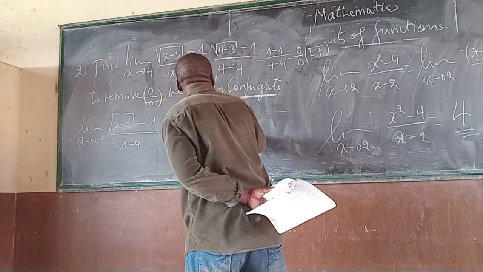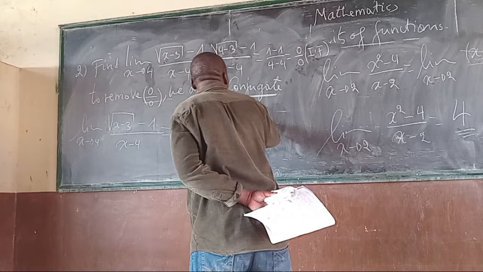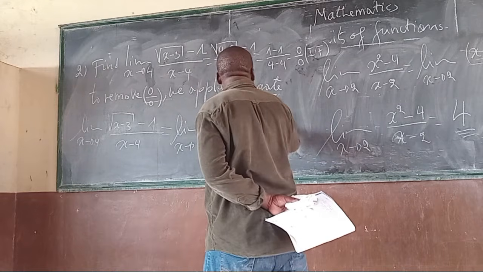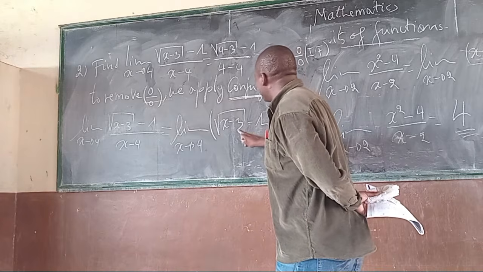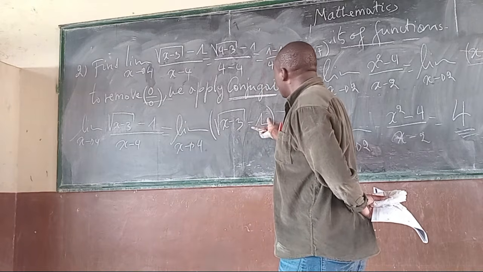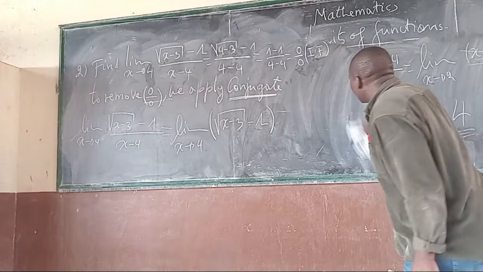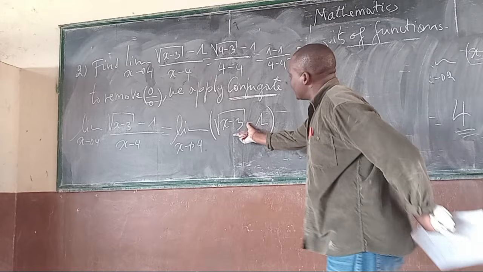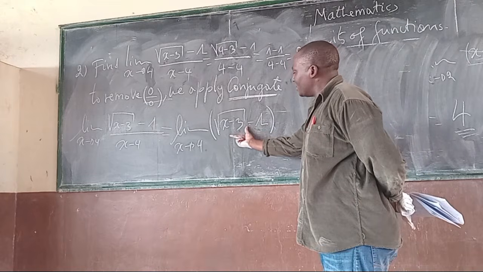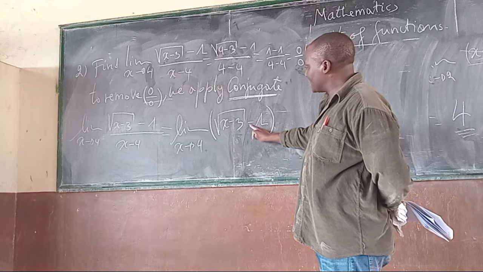The first one, we have square root of x minus 3, minus 1. This factor, I'm going to multiply by the conjugate of this factor, teachers. See me clearly. To find the conjugate of this one, simply you change the sign inside.